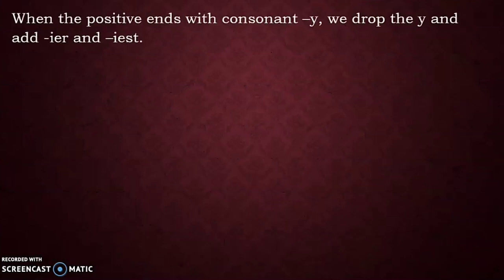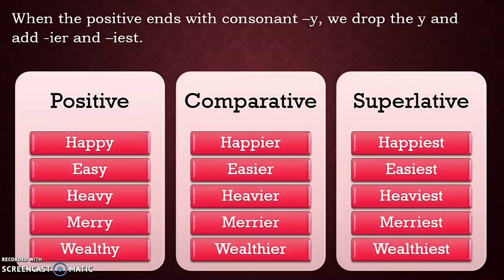Moving forward to the third rule. In this type, when a positive adjective ends with the letter Y, in this type of words, we will eliminate Y and add IER in comparative degree and IEST in superlative degree. We'll see a few examples like happy, happier, happiest.